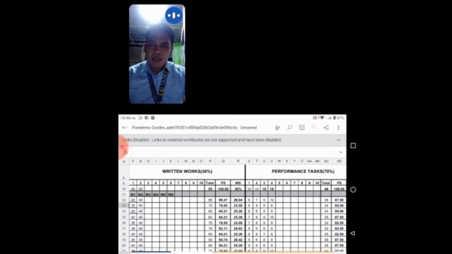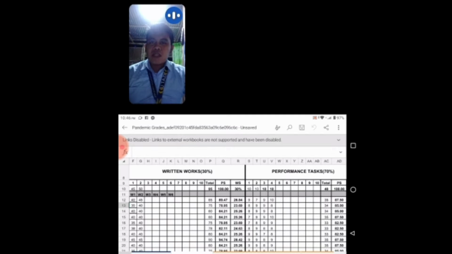Why are there 70% in the performance task? Because we do not include quarterly examination in the e-pandemic. That's why the 20% from quarterly examination has been transferred to performance task, which becomes 70%.